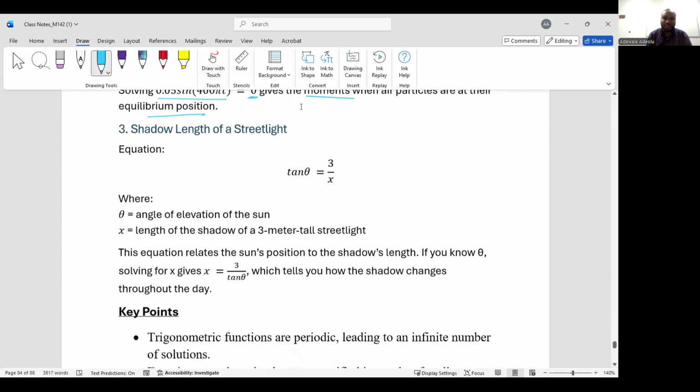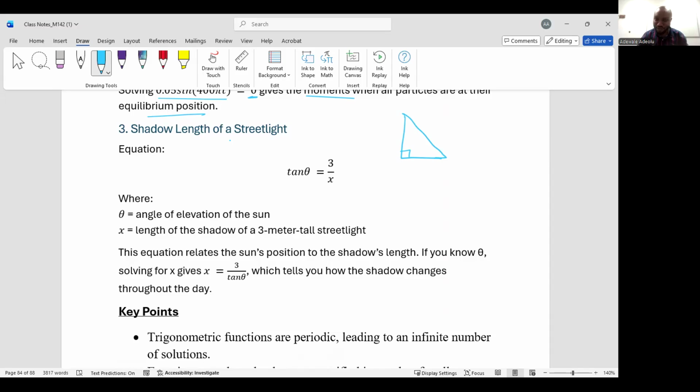Another application is the shadow length of a street light, which we can represent, remember, from your work with SOHCAHTOA, where you say the tree, line of sight. So again, the pole, the shadow it casts, and all those things.